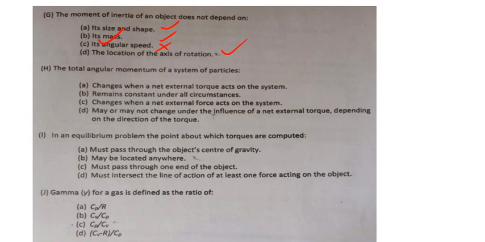So what are we talking about? You know that angular momentum in this case usually is equal to the moment of inertia multiplied by the angular velocity.